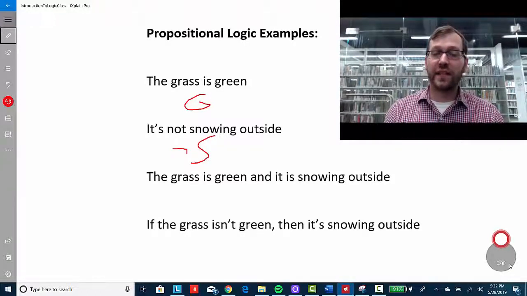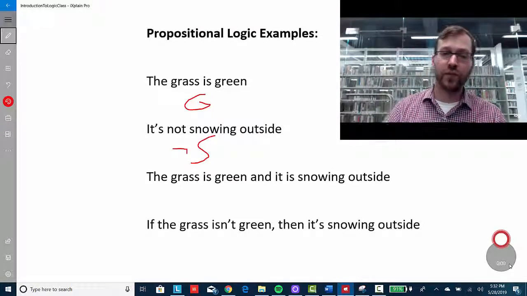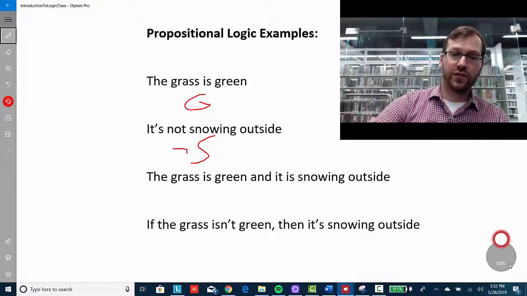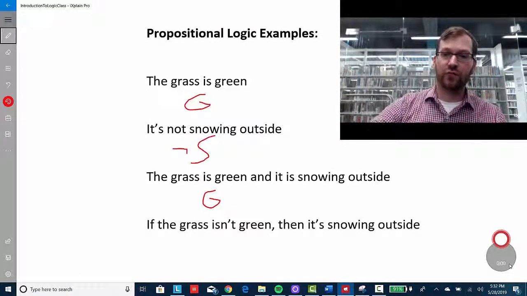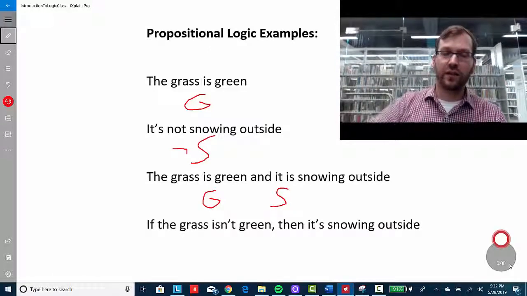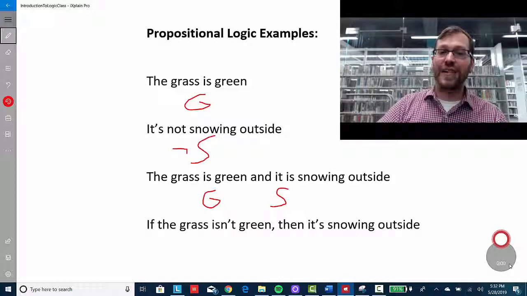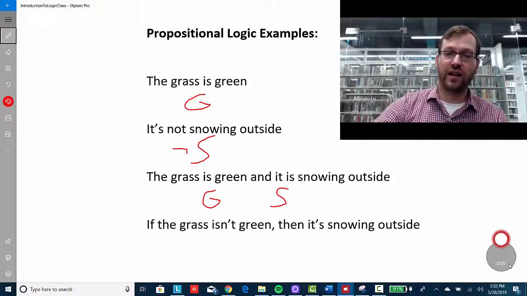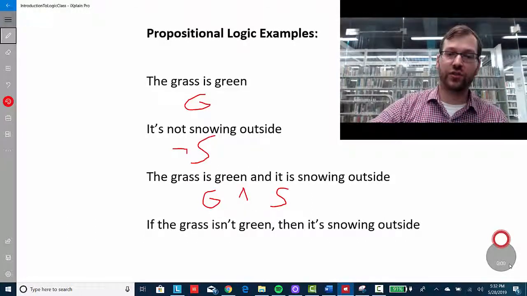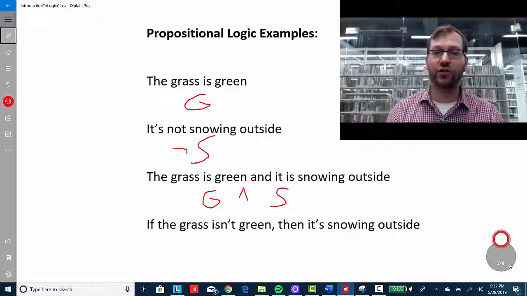When we look at the next sentence, it says the grass is green and it's snowing outside. In this case, we've already used the G for grass is green, and we've used S for it is snowing outside. The symbol we use to show that and, or what we call a conjunction, looks like that.